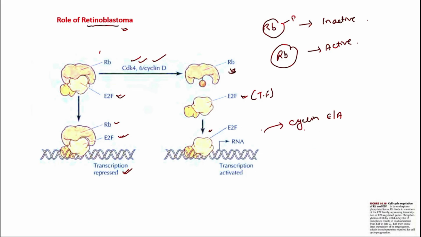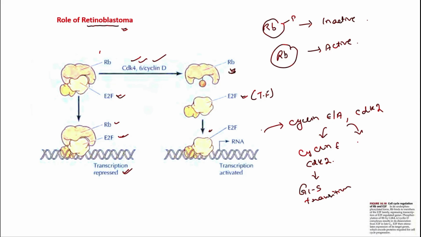So here E2F is working as a transcription factor for the synthesis of cyclin E as well as cyclin A. With it, CDK2 is also activated. Cyclin E and CDK2 are responsible for the G1/S phase transition.